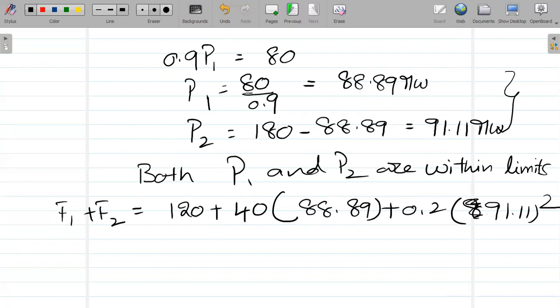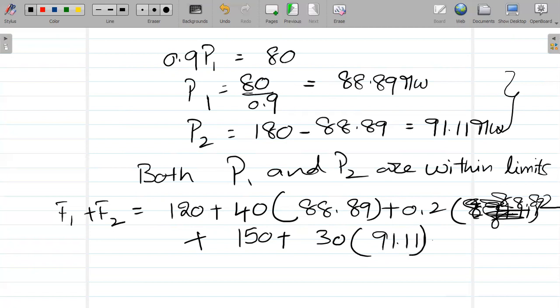So P1 square means 88.89 whole square. Plus F2, which is 150 plus 30 P2, that is 30 times 91.11, plus 0.25 P2 square, that is 91.11 whole square.